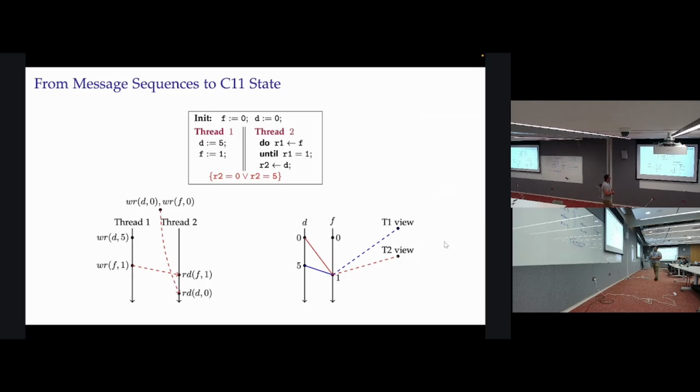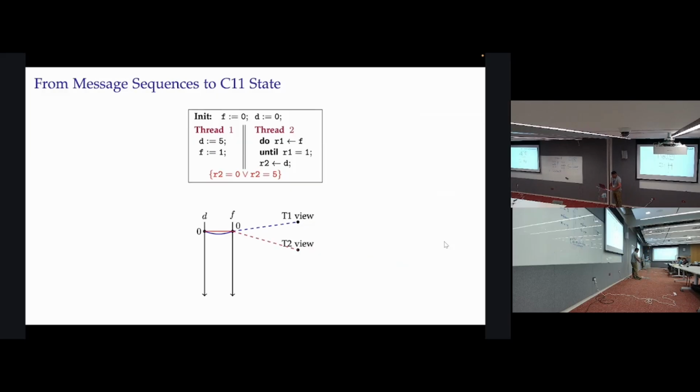So I'm going to step through this program here, the BAT program. This is the one without the annotations. And I'm going to show you how the views evolve as the program executes. So threads have a view of all the variables in the state, and all of the variables in the state are totally ordered, so each variable is totally ordered with values.